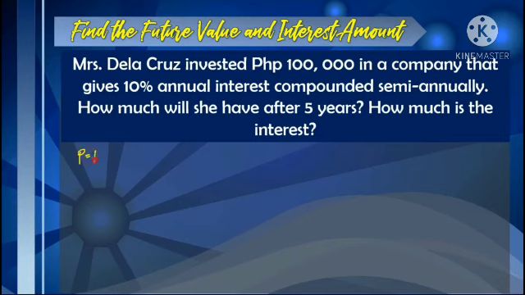So based on this given problem, we have the principal value of 100,000 pesos. The annual rate, which is 10% or 0.10 in decimal. We have the compounding period of semi-annually, meaning to say we have 2 periods per year, and the time, which is 5 years. So first we have to look for the future value.